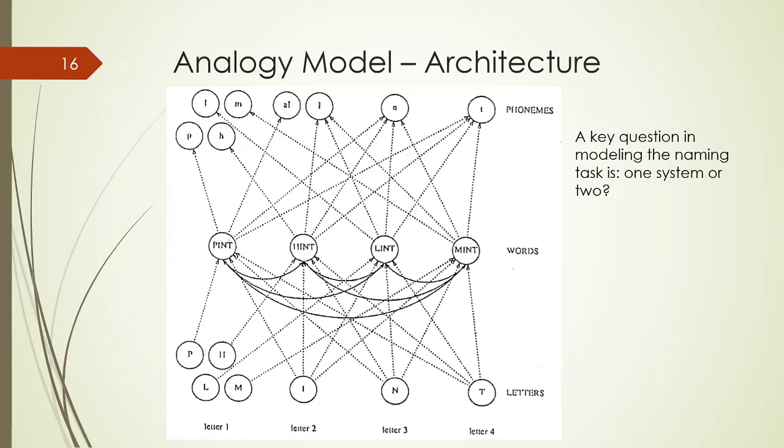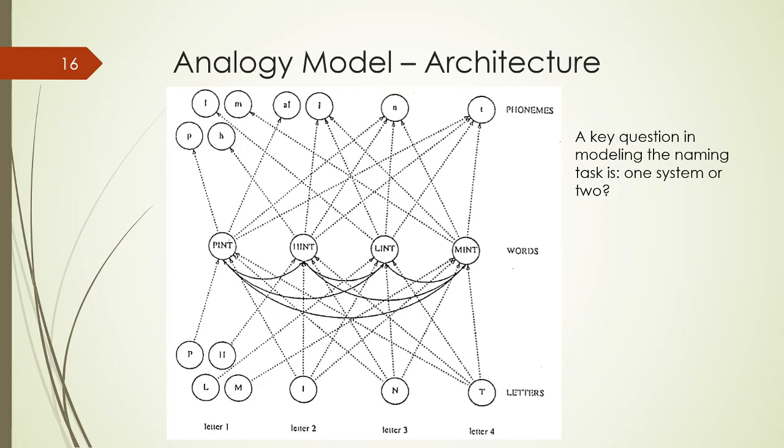But then people get into this intuition that, well, for really high frequency strings, I mean, really, isn't it mostly recognition? Like, how often are we really recomputing the spelling to sound rules, even for words like hint, lint, and mint that are regulars, that are perfectly consistent with the spelling to sound rules?